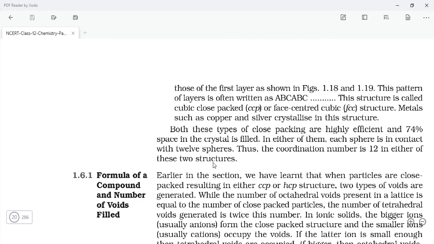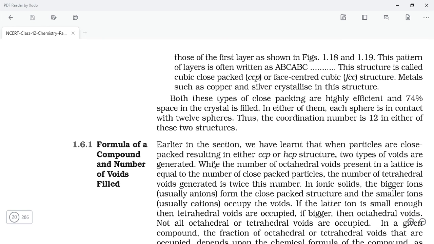In ionic solids, the bigger ion, usually the anion, forms the close packed structure, and the smaller ion, usually the cation, occupies the voids. Because cations are small in size, they can fit in between the voids that are formed by the anions.